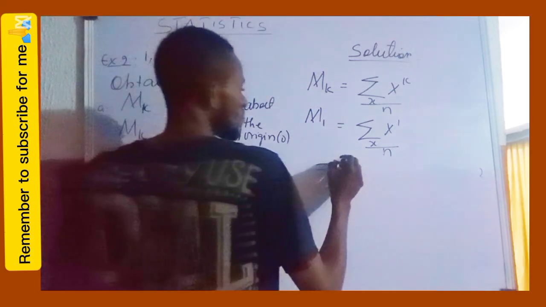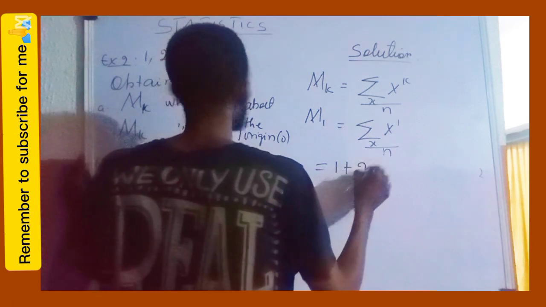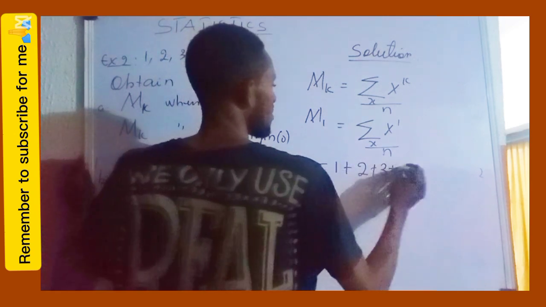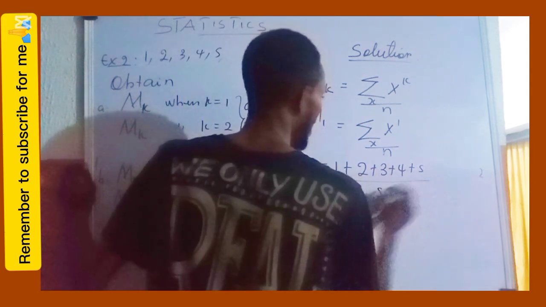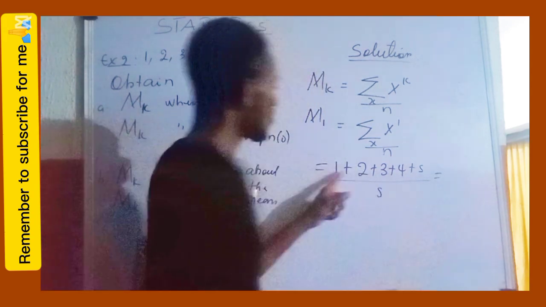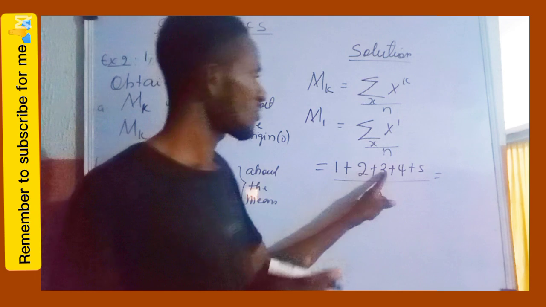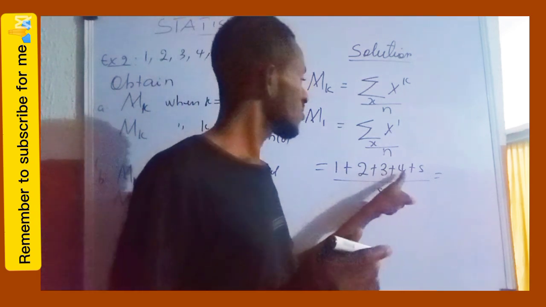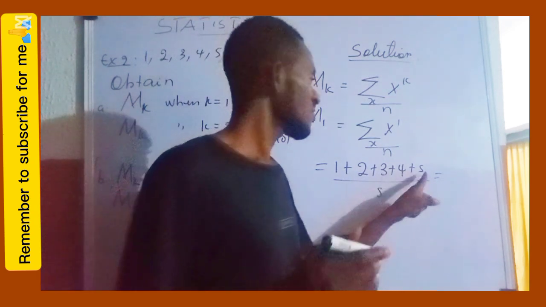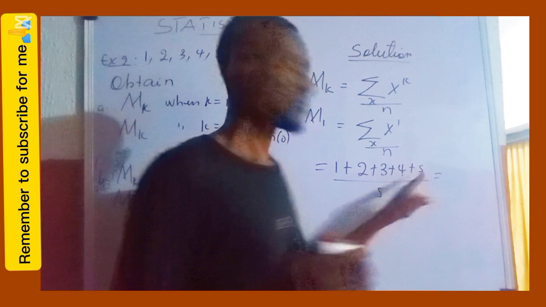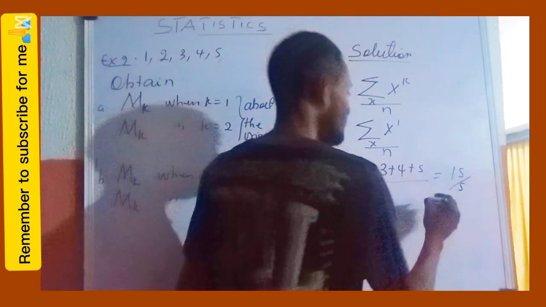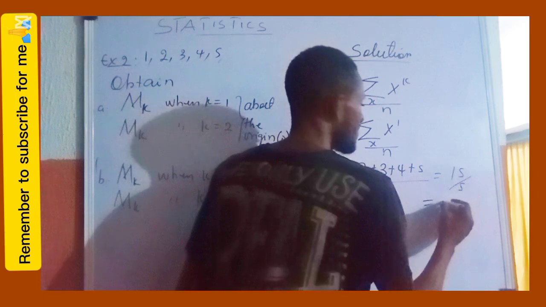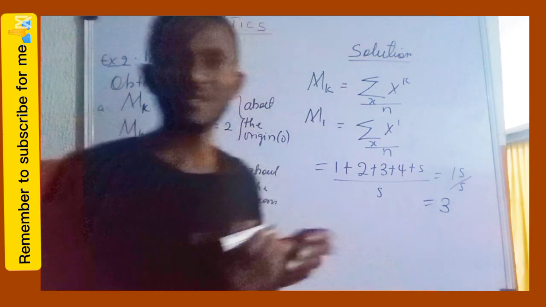So I have 1, the next observation 2, plus 3, plus 4, plus 5, all over 5. This equals 1 plus 2 is 3, plus 3 is 6, plus 4 is 10, plus 5 is 15. So I have 15 all over 5, and 15 divided by 5 gives me 3.